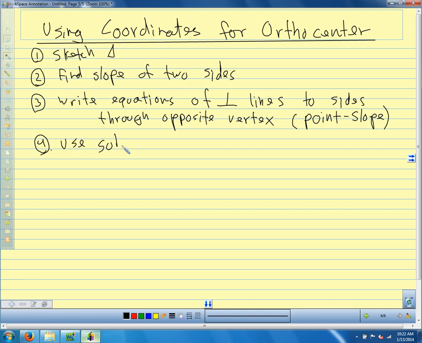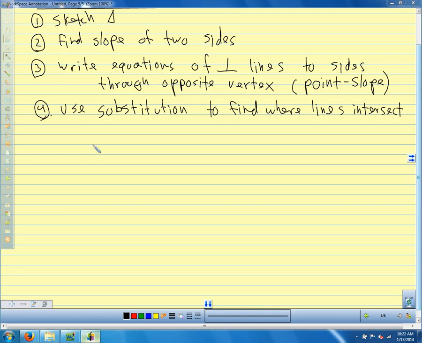And we're going to use substitution to find where the lines intersect. And the point where they intersect is going to be our orthocenter. All right, so let's look at an example.